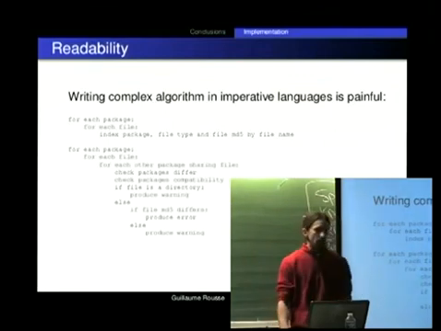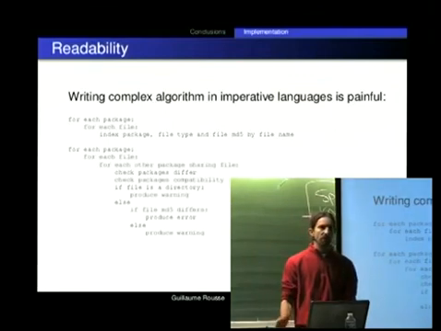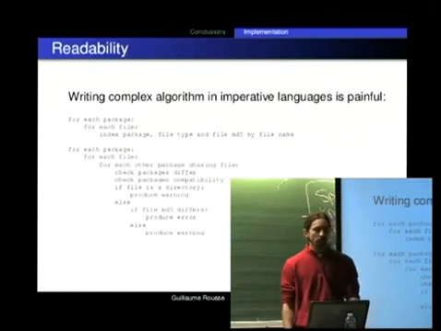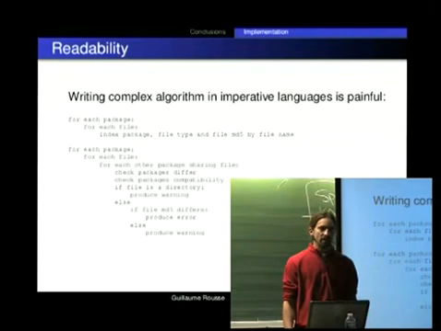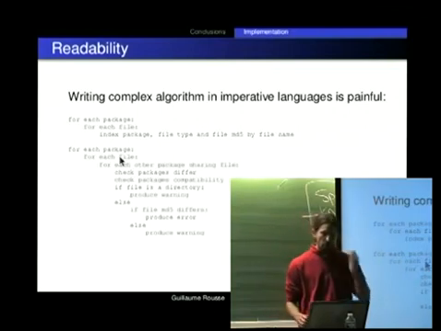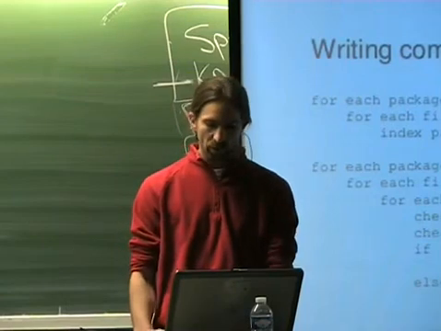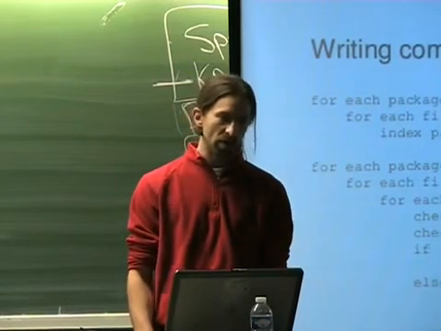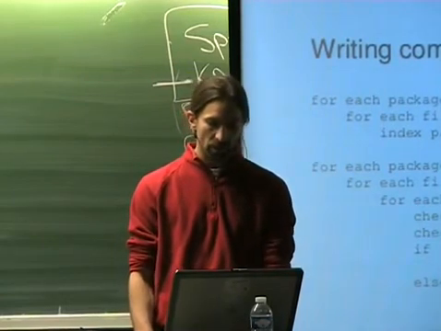In order to check if you have conflicts, you have to read all your package files, get all your files, and for each file index various metrics about it, such as the name, the MD5 sum, and so on. And then you have to run your comparison algorithms, which is described here in pseudocode. Yes, it's not very readable, and some languages are better suited for this kind of stuff.